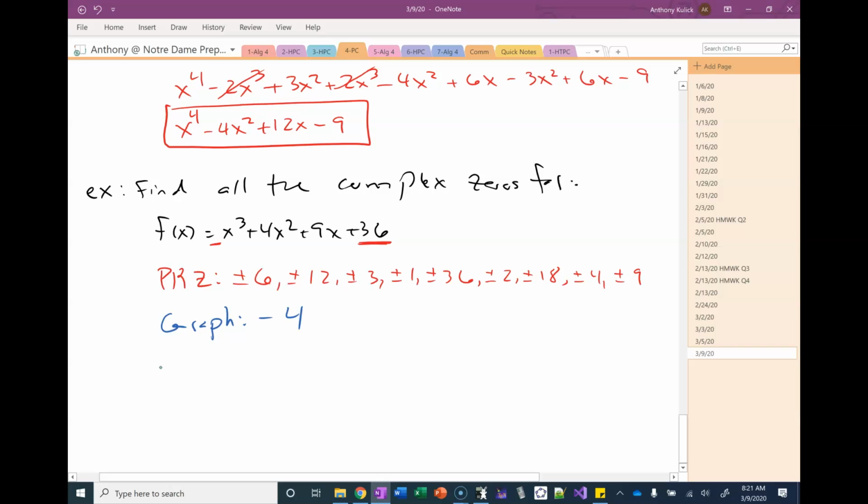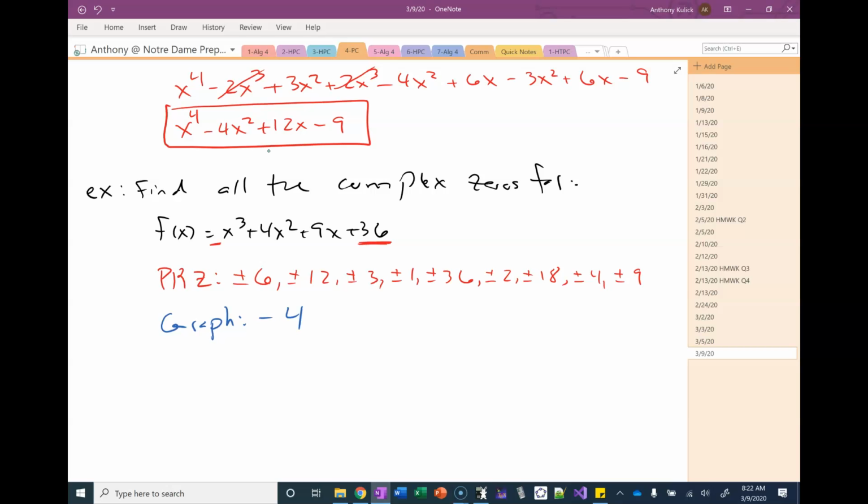How many zeros should I be seeing here? I should be seeing 3. I only saw 1 when I looked at it, though. What does that mean? Doesn't mean that it's wrong necessarily. So it means one of two things.